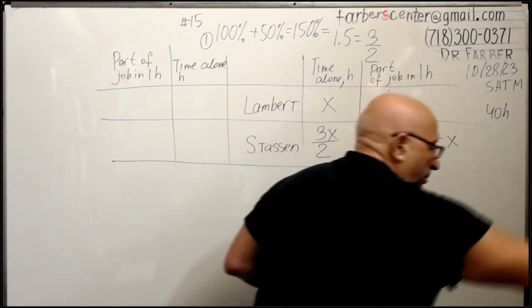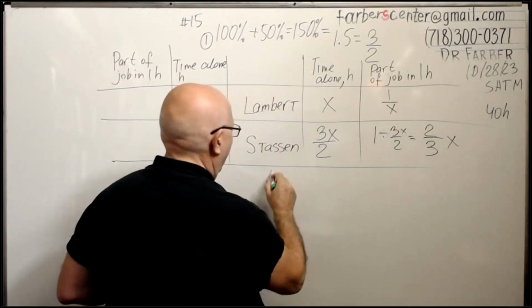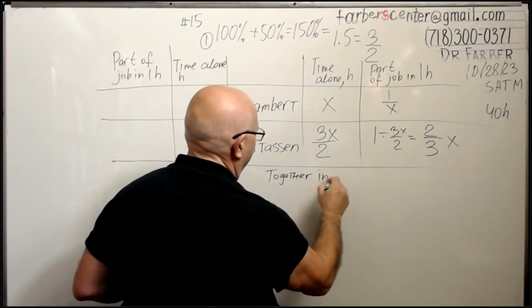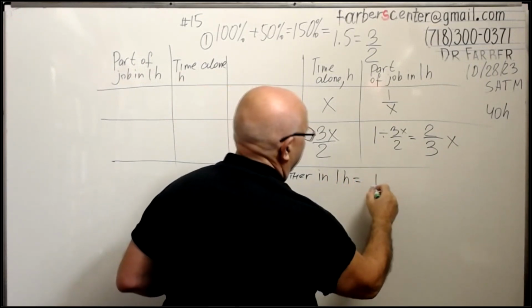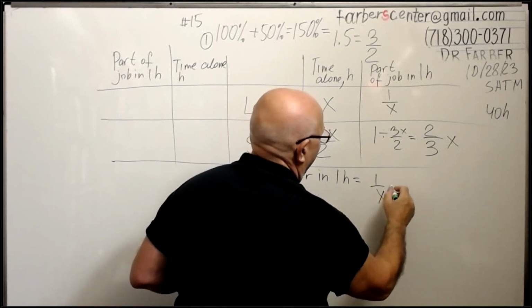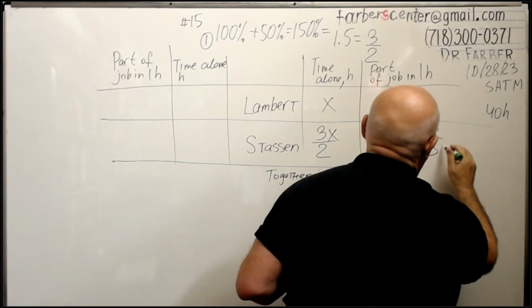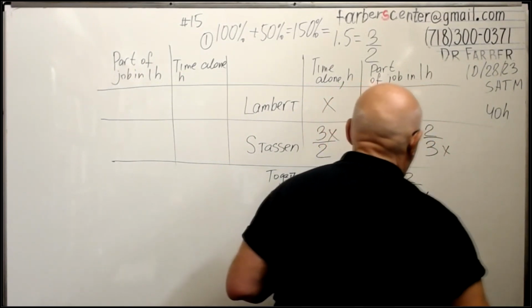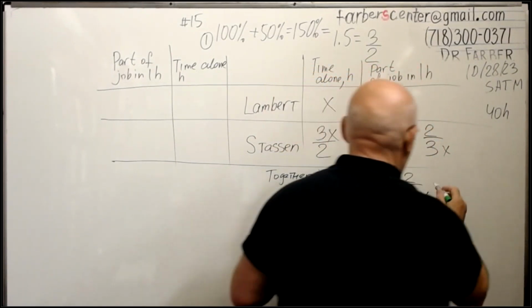Together in 1 hour, it would be 1 over x plus 2 over 3x. And they said, since this is 40 hours, it will be 1 over 40.